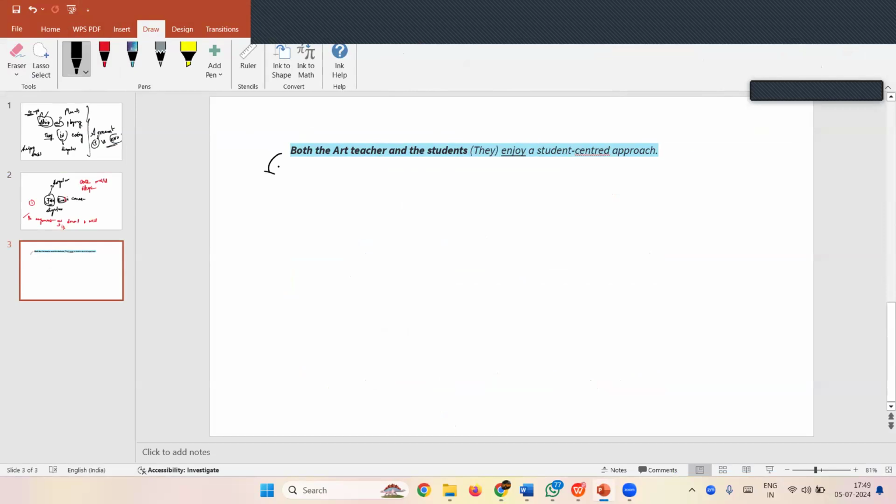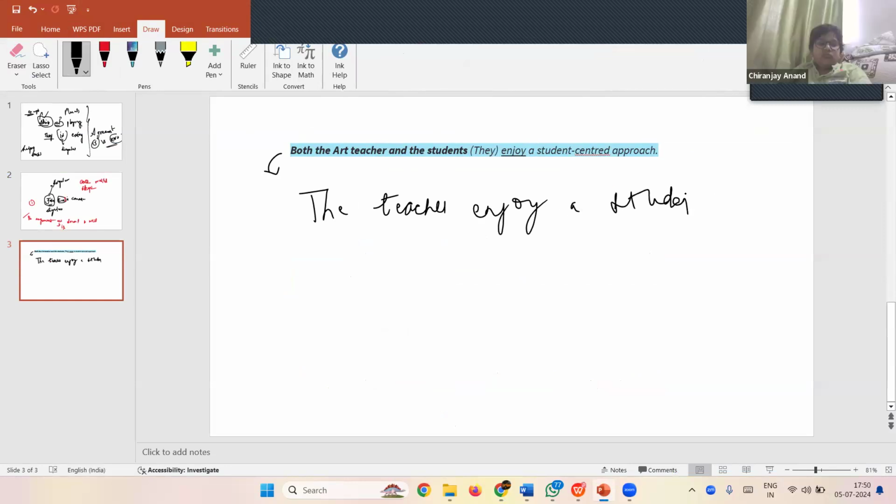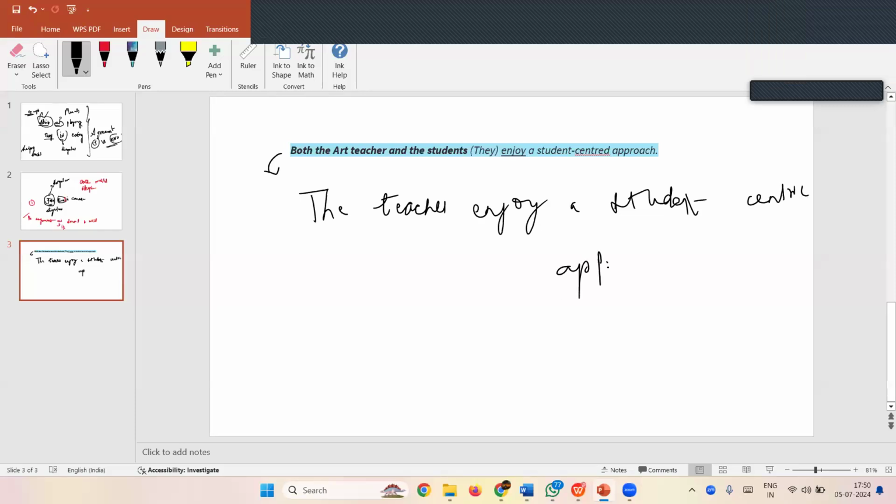So if I am changing this line to: The teacher enjoy a student-centric approach. Is this correct? Leave the previous sentence, now concentrate on this sentence. The teacher enjoy a student-centric approach.